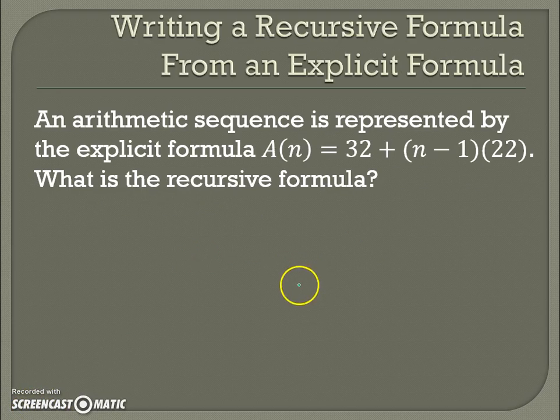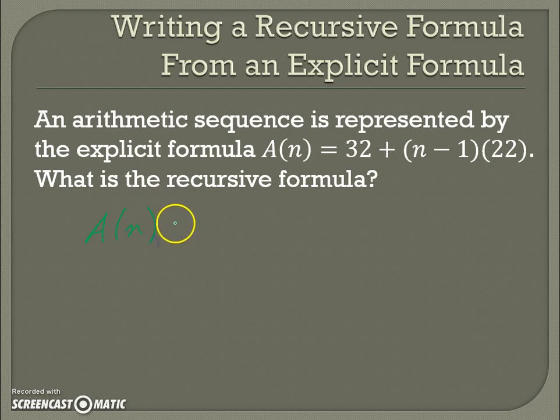And writing a recursive formula from an explicit formula, we could go the other way with this. So here is my initial value. This is my common difference. So I need to know that that's my initial value and that's my common difference, and I'm just plugging those back into the recursive formula format that we've worked on.